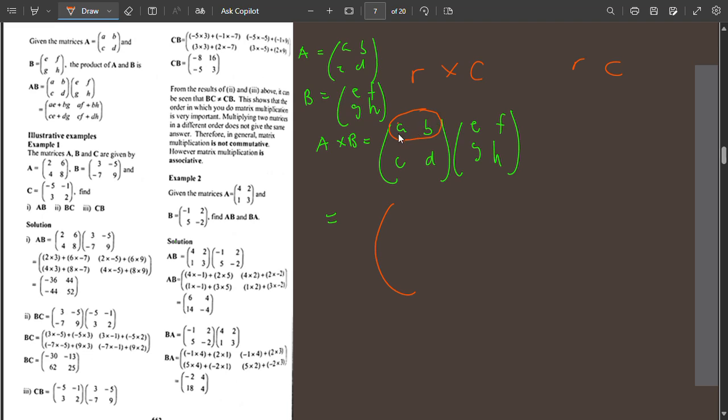What it means is A will multiply E alone. So we'll have AE. Then plus B will multiply G. Perfect. And this only fills the first part of it. Let's look at the next one.